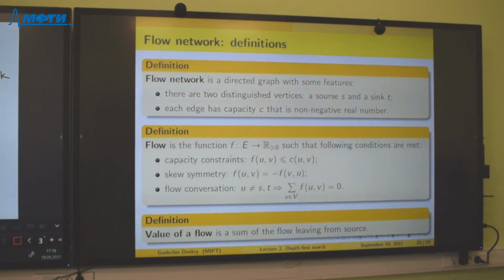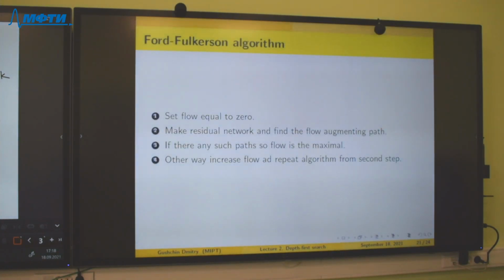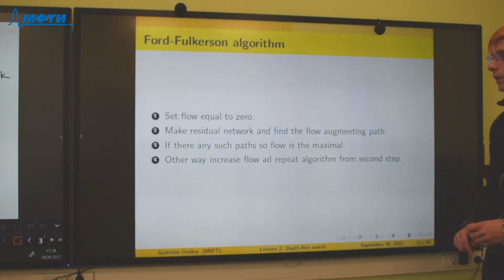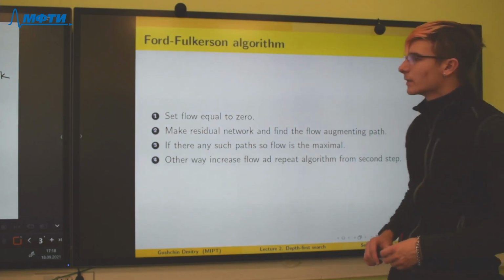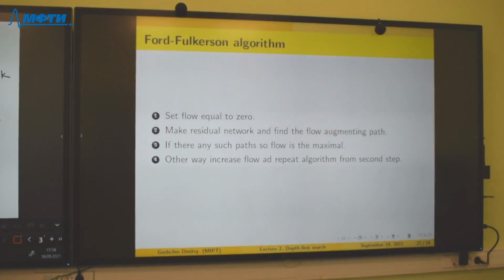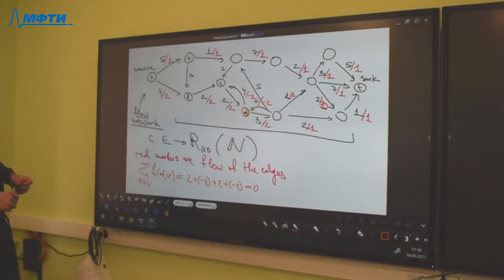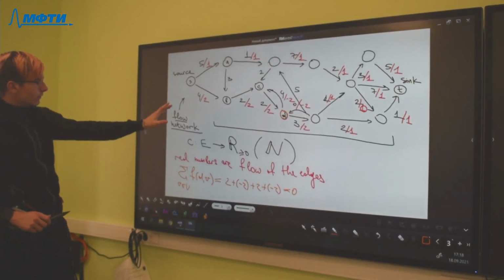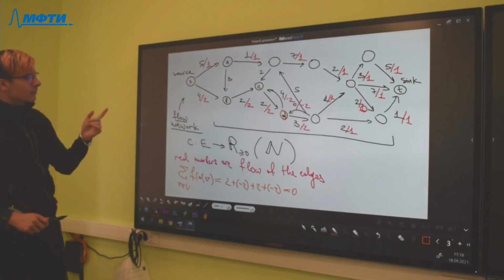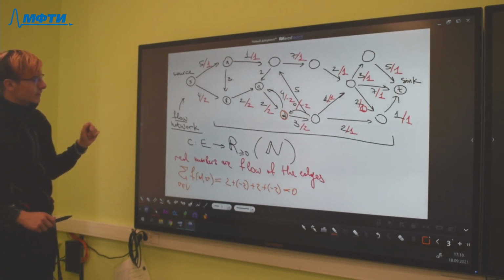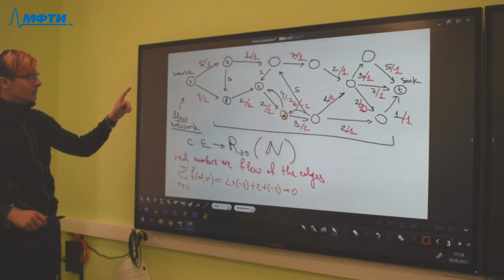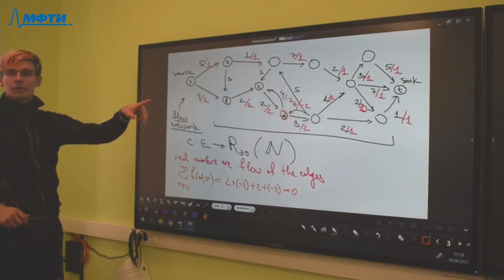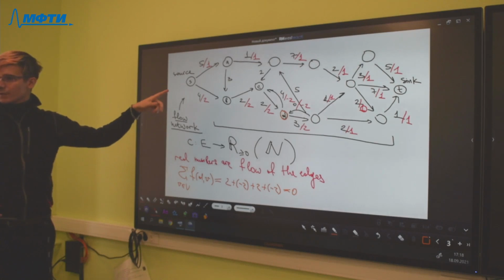So about the Ford-Fulkerson algorithm, it's a very big network to use it on, I think. But I can draw one thing that shows that this flow is the maximal flow in this network.